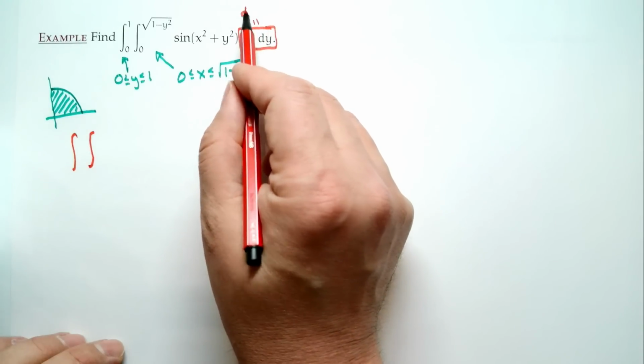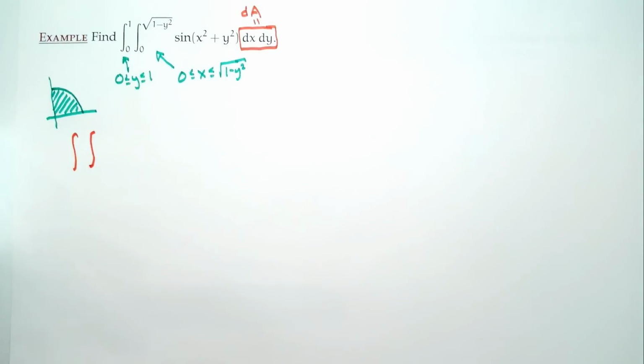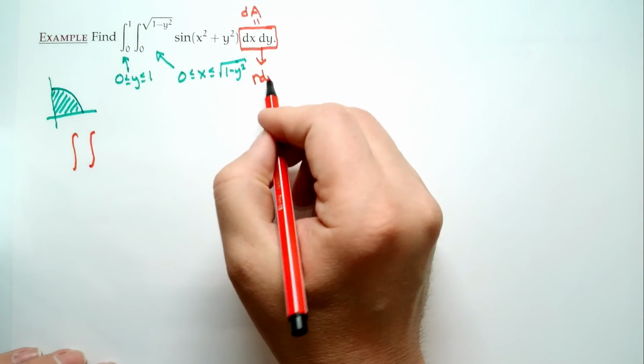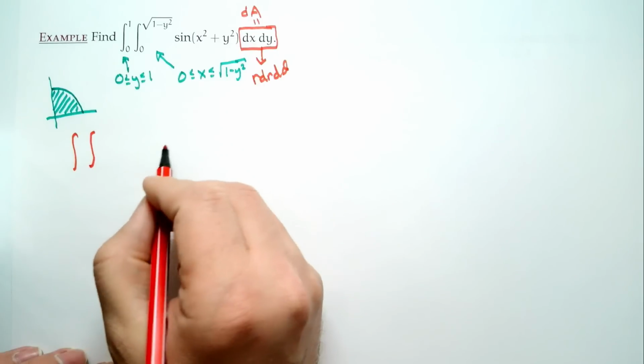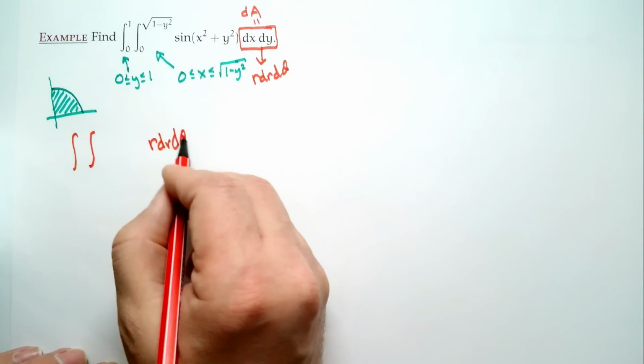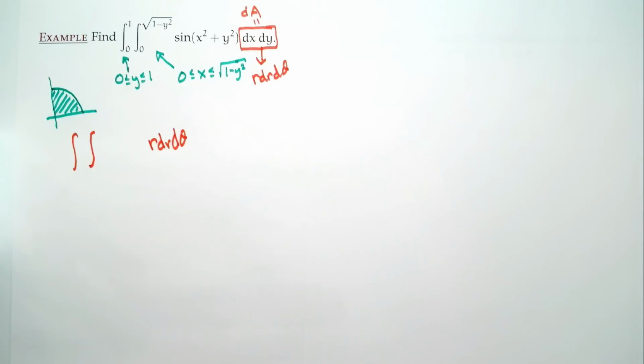This is our dA in Cartesian coordinates. So, the dx dy is going to transform into r dr d theta. So that will go somewhere. Let's say here.